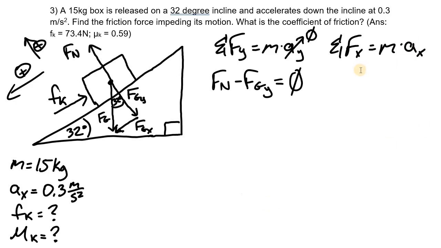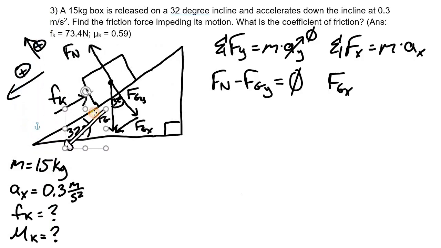Okay, and let's do the same thing for all the forces acting in the x direction. So this is our positive x direction. So lay your pencil down like this and scan the free body diagram. What forces do we have? Oh, we have FGX. Do you see how FGX is going down in the positive direction like that? So we have FGX. Are there any other forces acting in this direction?